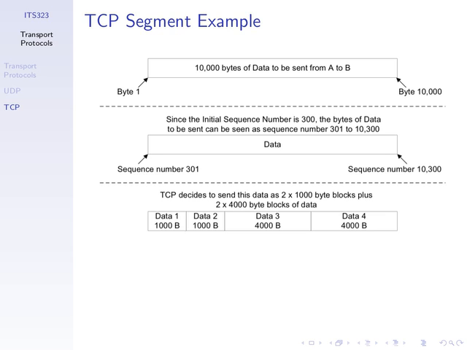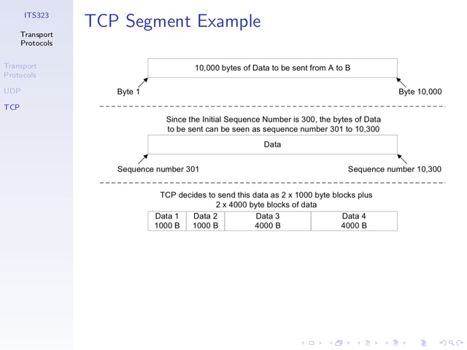The last one would be 10,300. If we divide it up into these 4 segments, then what's the last byte of the first segment? 1,300. If you start counting at 301 and you increment 1,000 times, you get to 1,300. That's the last byte of the first segment.